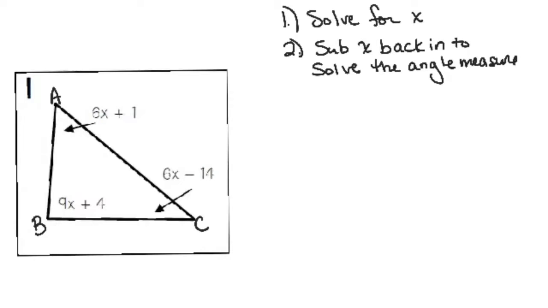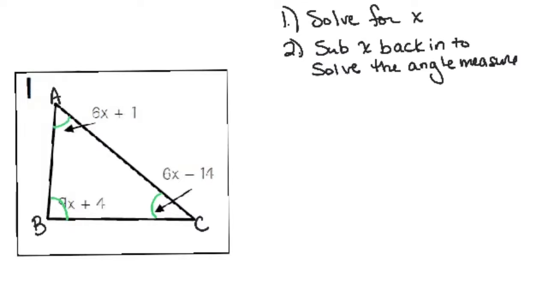So let's start with solving for x. The angle sum theorem, the triangle sum theorem, means that all 3 interior angles must add up to what? Well, all 3 of these values must add up to 180.